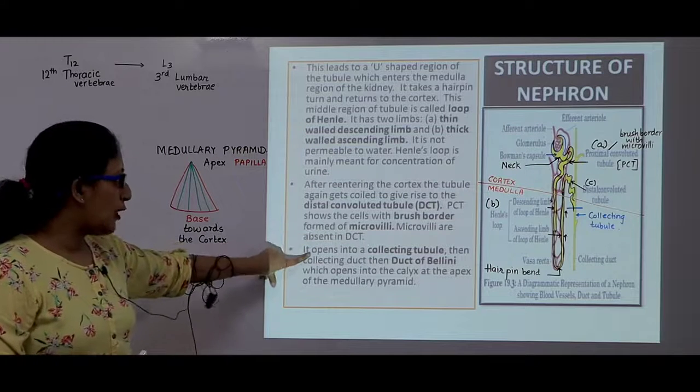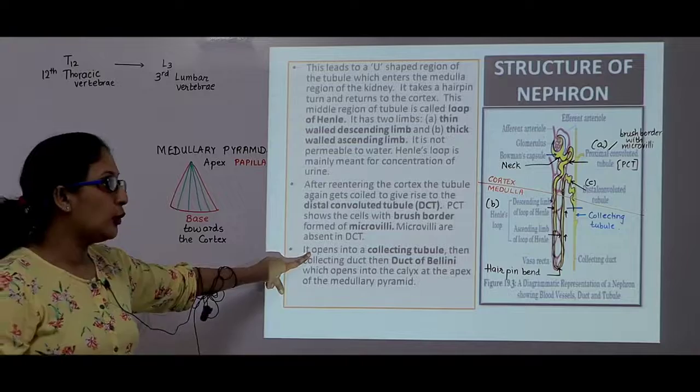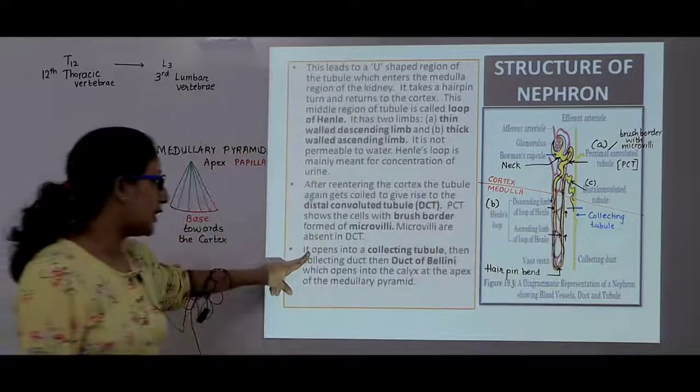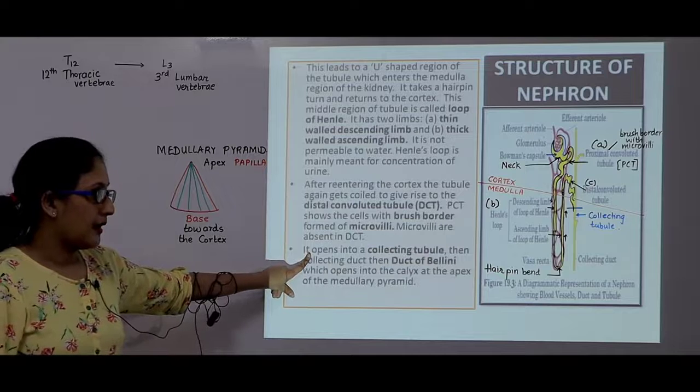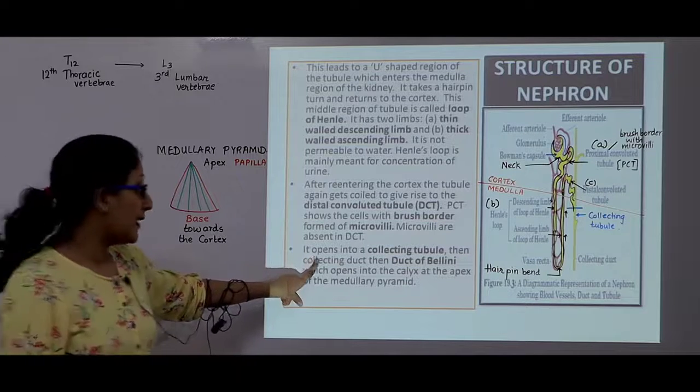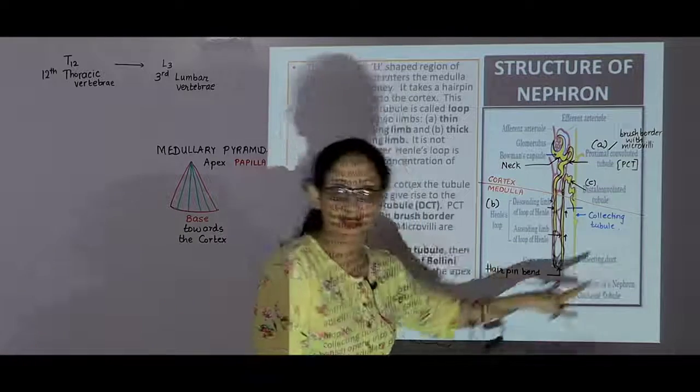Finally, the DCT will open into a collecting tubule. So, can you see, from the DCT it enters into the collecting tubule. Many nephrons' collecting tubules will now form a collecting duct.